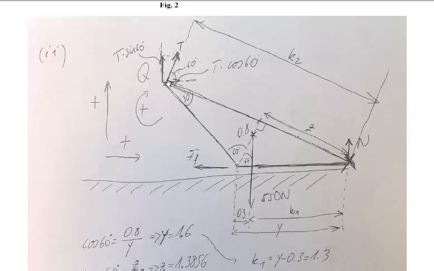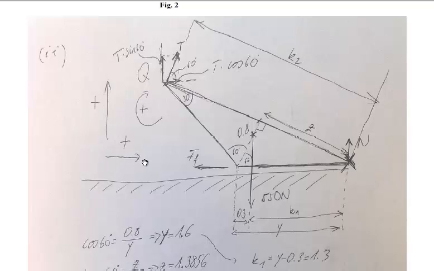This is the adjacent of the angle, so it's T times cosine 60 degrees. And this is T times sine of 60.